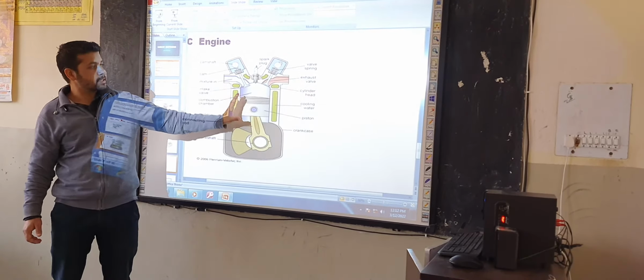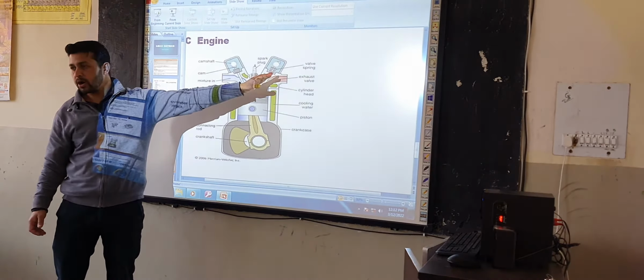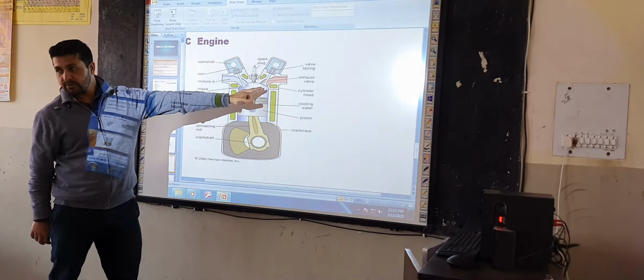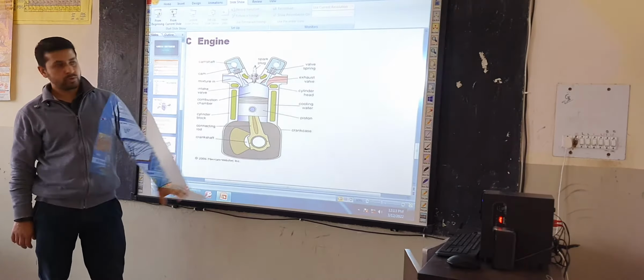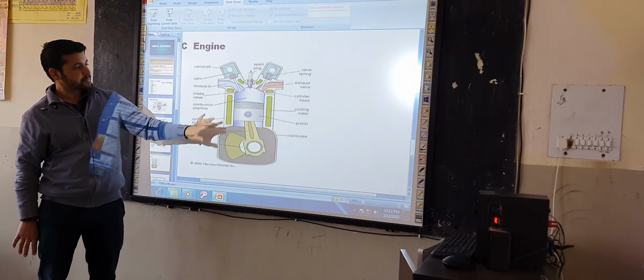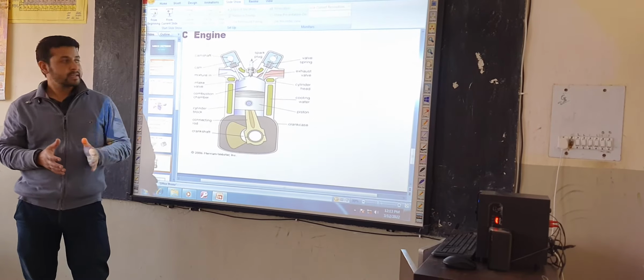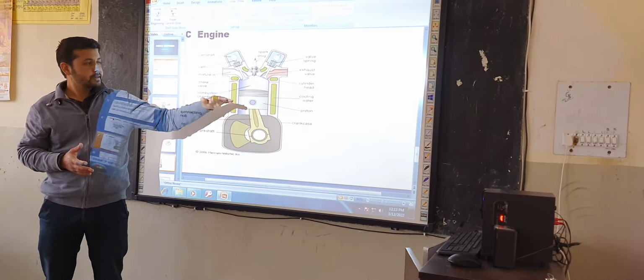All the exhaust gases escape through the outlet valve, and the outlet valve and inlet valves are timed in such a way that all the strokes can be maintained, and their timings are adjusted to maintain the proper functioning of the engine.